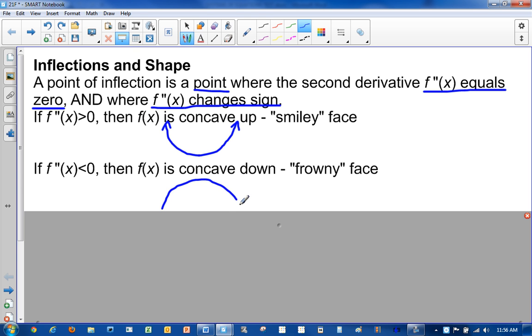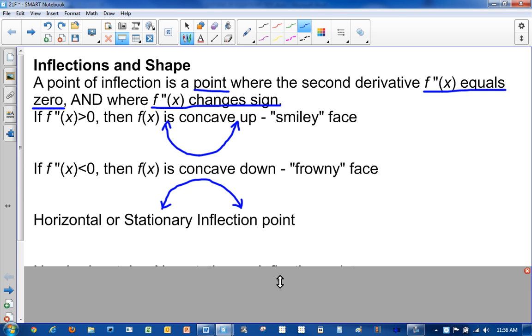Alright, so that would be concave down because the curve opens down and it looks like a frowny face. So that's the two things. If the second derivative is positive, then the original curve is concave up, and if the second derivative is less than 0, then the original curve is concave down.